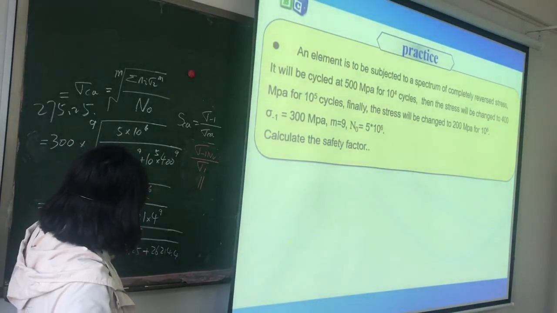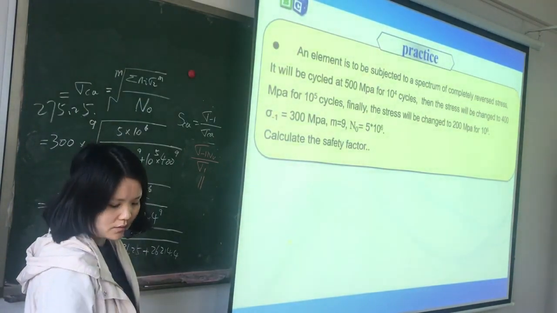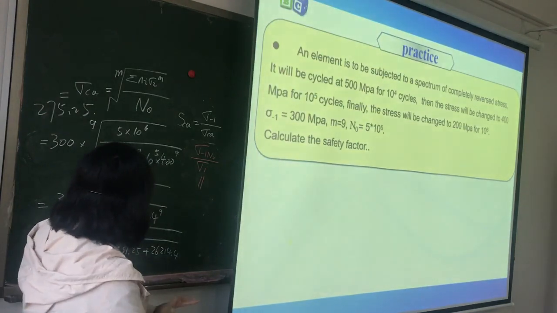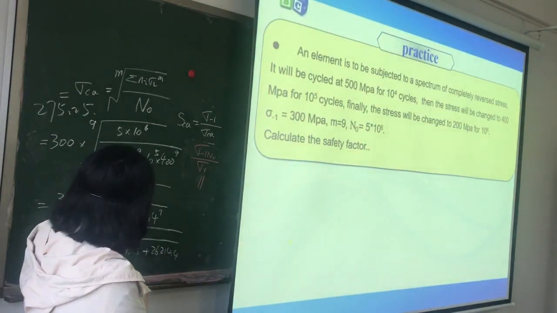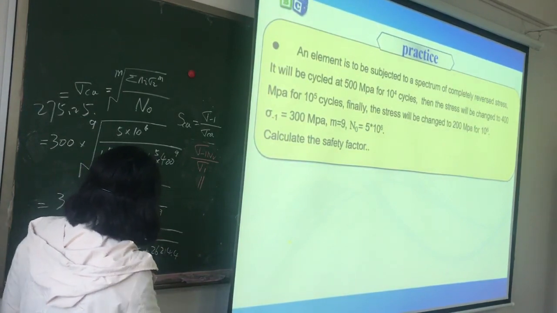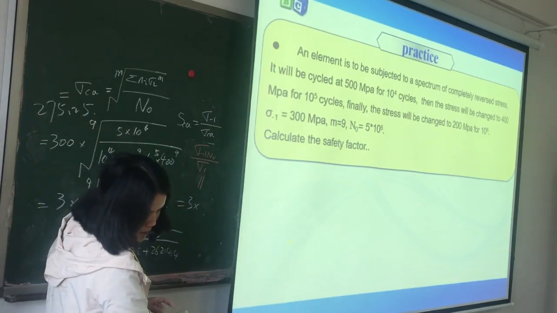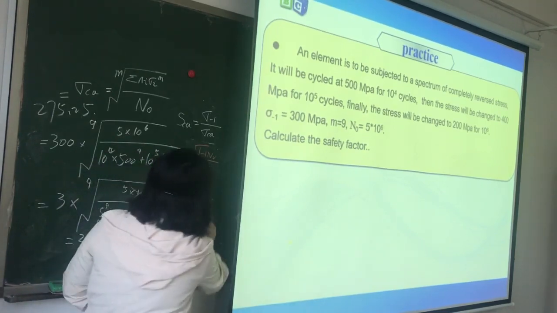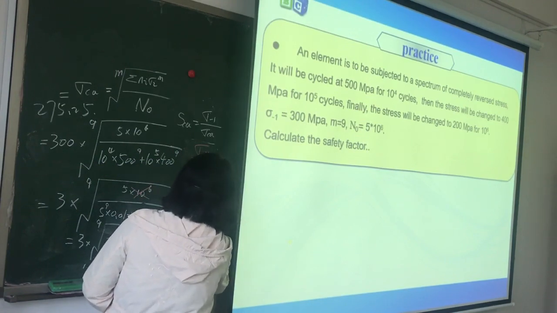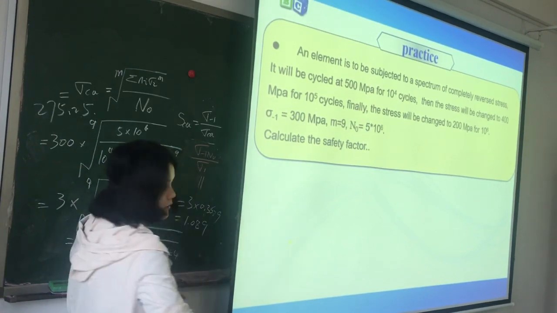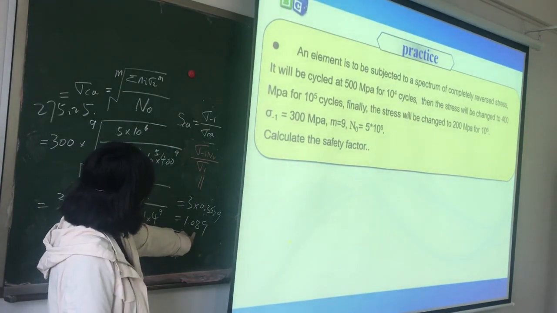This equals this and this, and it equals 3 times this, which is also 1.089.